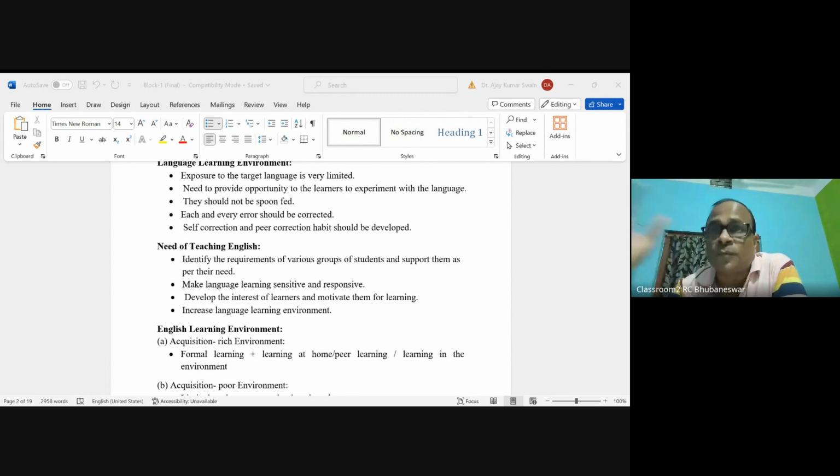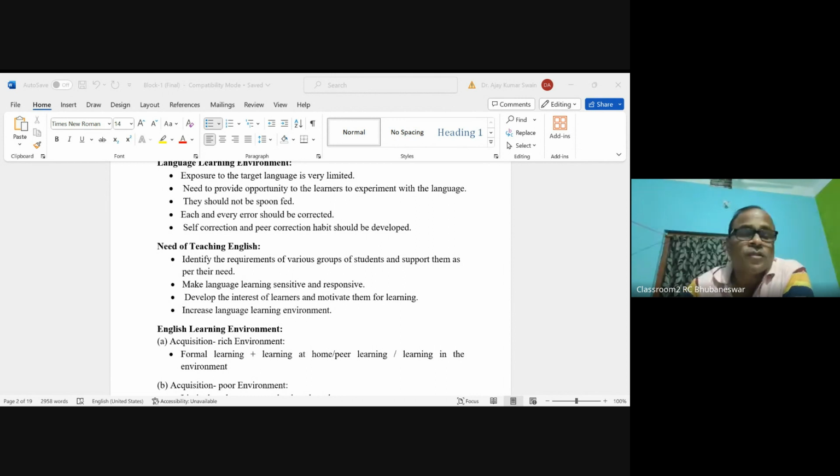If you want to be a software engineer, in any field, if you want to go abroad, the English language is important for everybody. Make language learning sensitive and responsive. Develop the interest of learners and motivate them for learning. Increase the language learning environment.